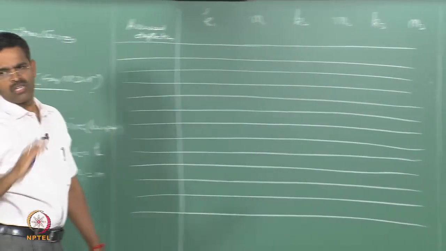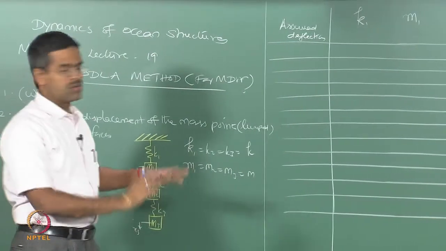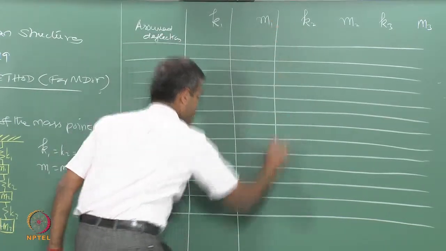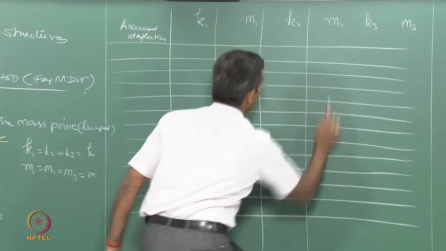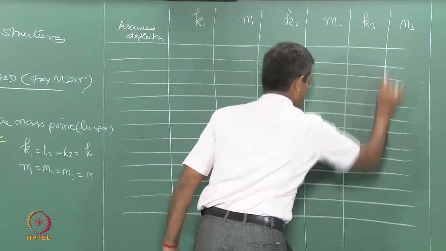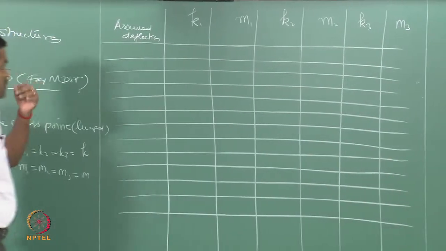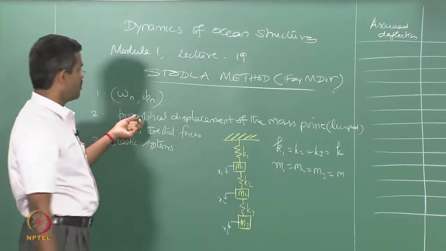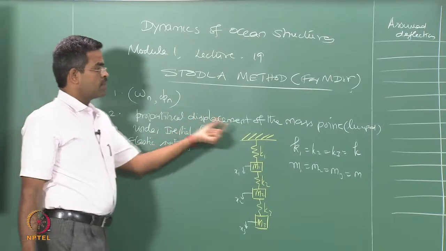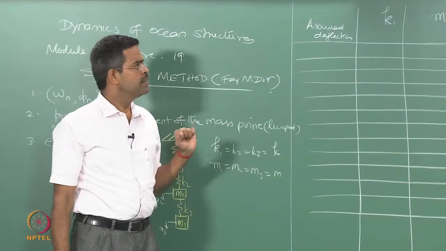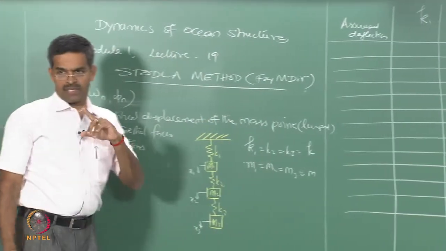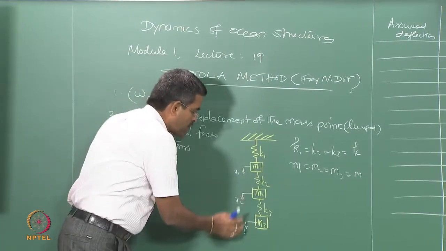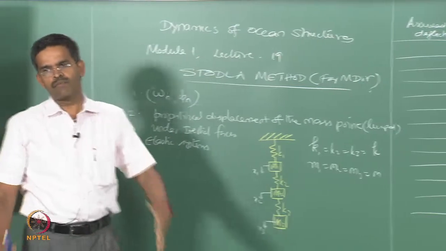In this case they are all going to be Ks and Ms. Okay, let us write down the values here as such. Now I want to assume the deflection at the mass points, because I am always arguing about the proportional displacement of the mass points. So in all these examples there is a commonness. The commonness is the degrees of freedom are generally measured at the point where the mass is lumped. That is a very common practice in dynamics.